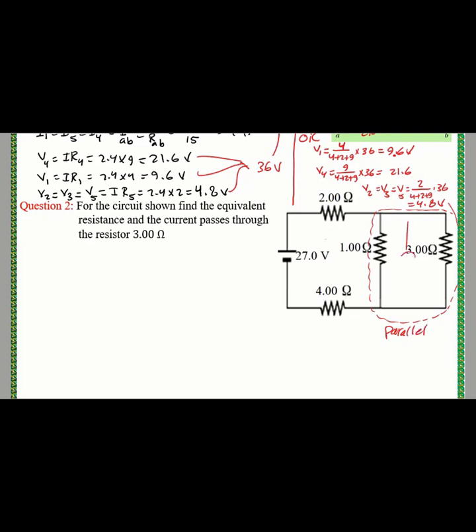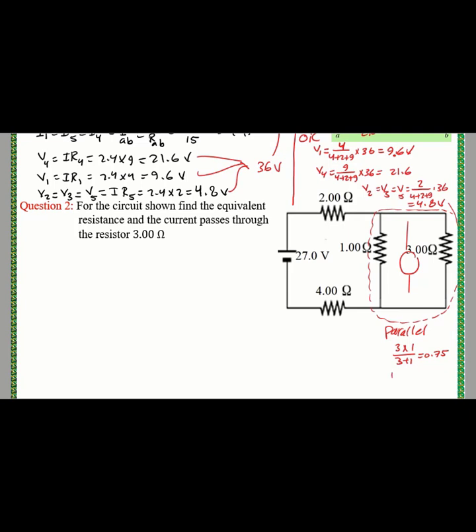What is the resistance of these two? It is the multiplication of them divided by the addition of them, so it is 0.75. That is 3 times 1 over 3 plus 1.